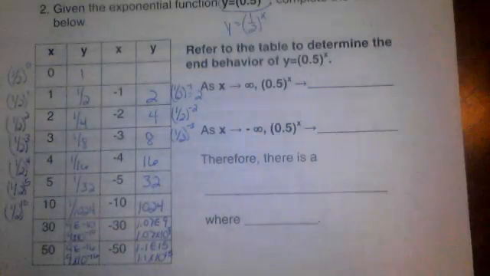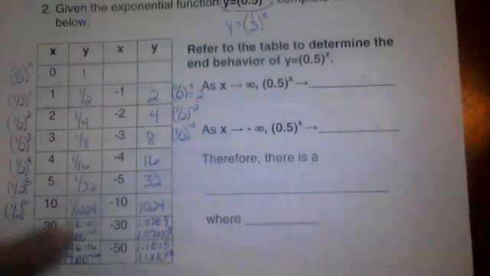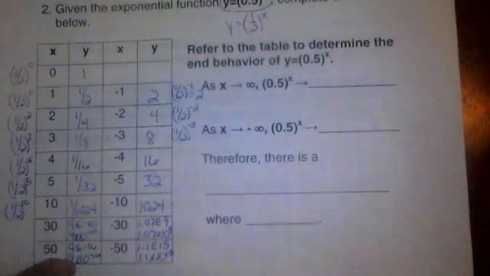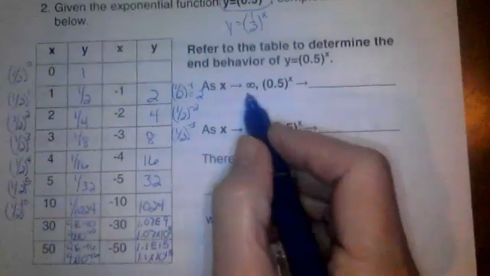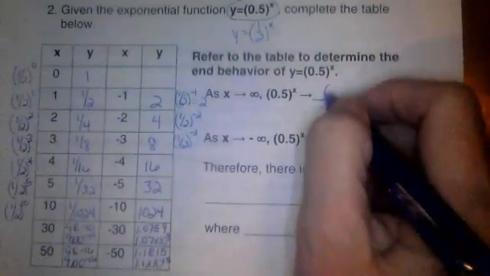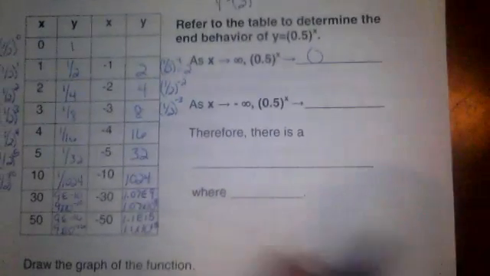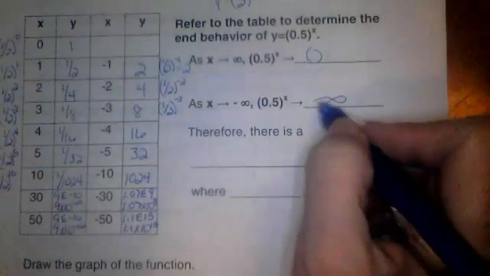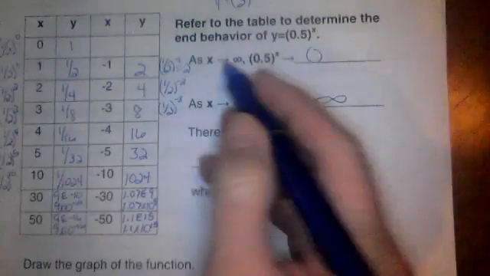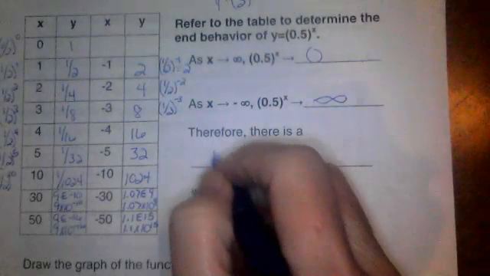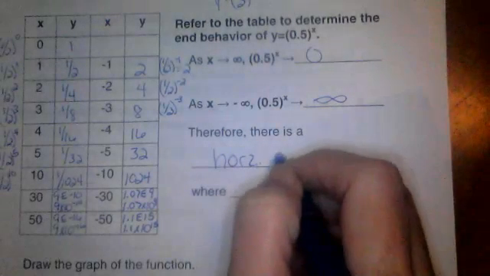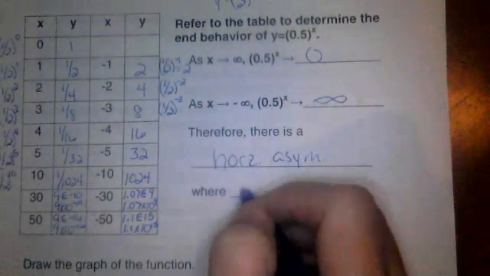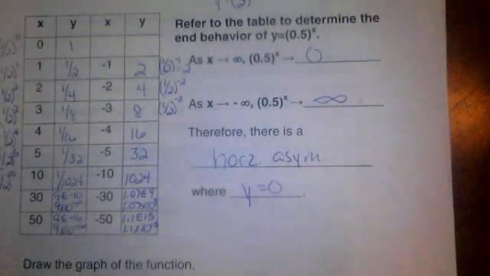So now it's this column of y that's getting very close to 0. So as x approaches positive infinity, y approaches 0. And as x approaches negative infinity, we're just getting larger and larger for y values. But there still has to be a horizontal asymptote where y equals 0. It's just that this time it's coming from another direction.